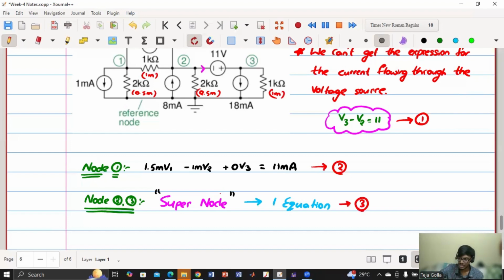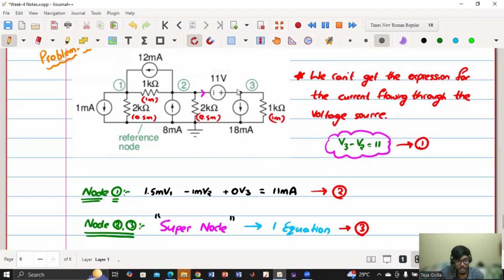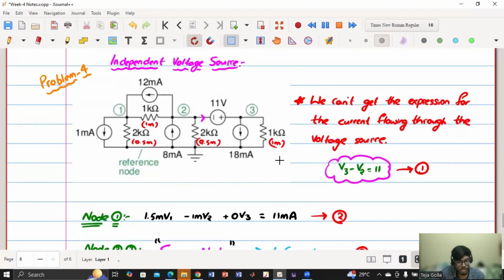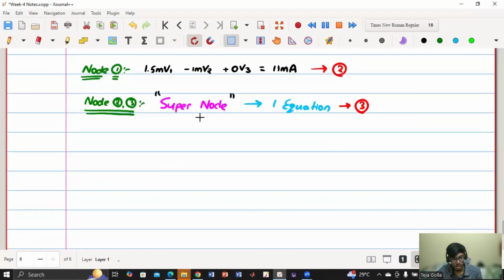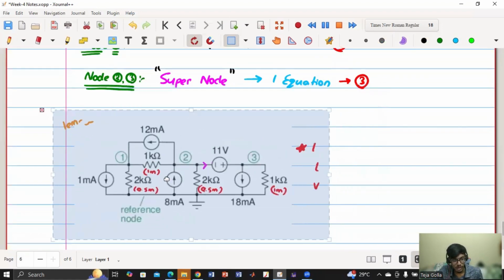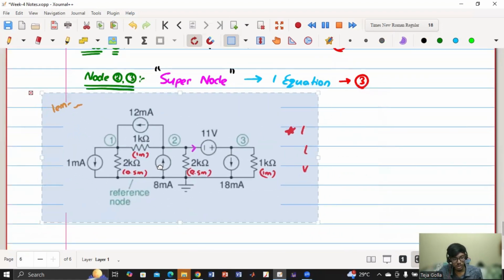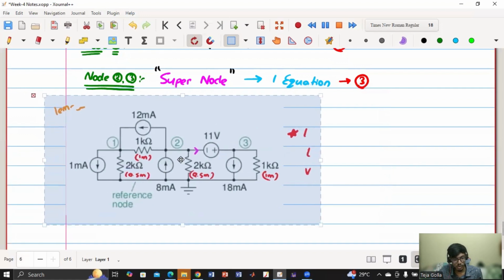Now using these three equations, we have three equations and three unknowns, and we have to write them in terms of a matrix. So let us take this, Control C and Control V. We have to write this expression at the super node, right?